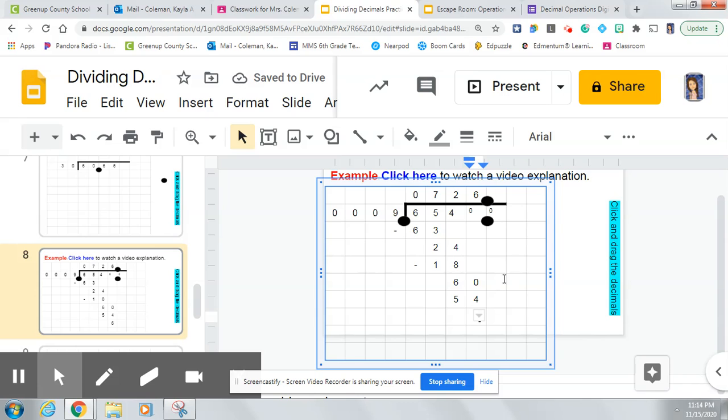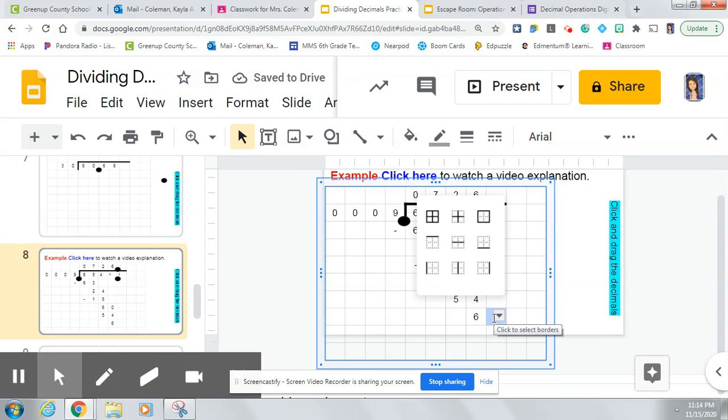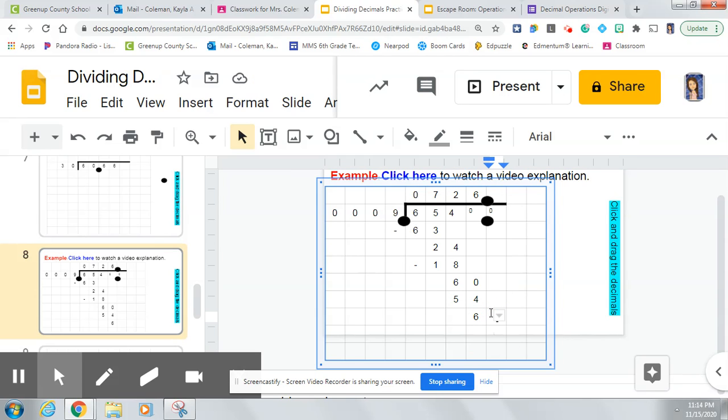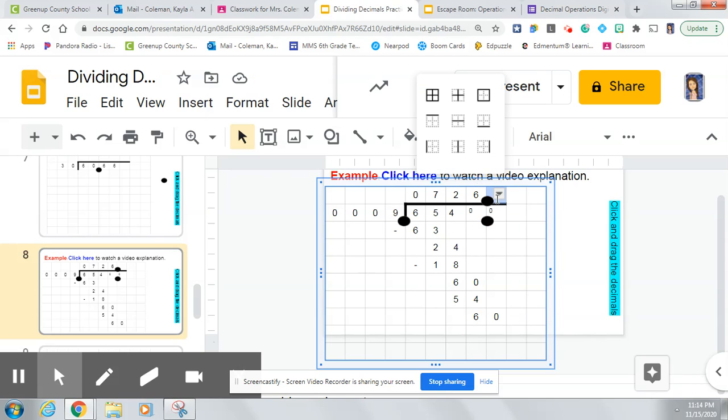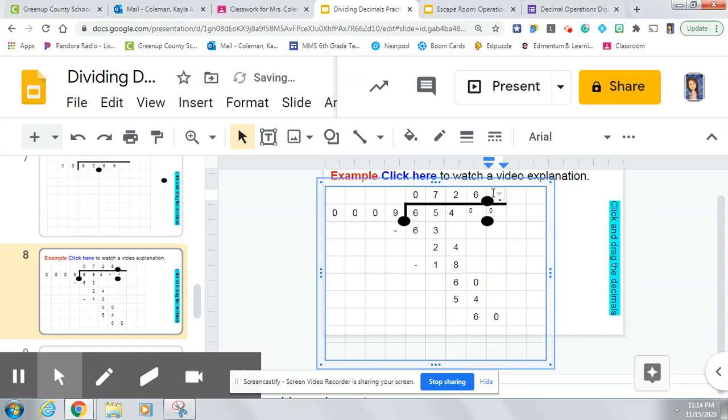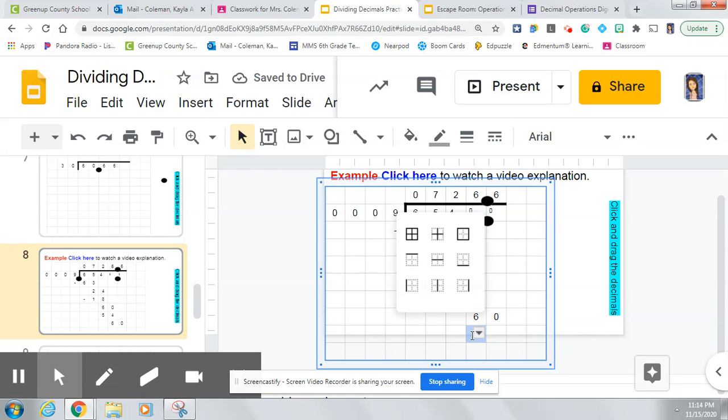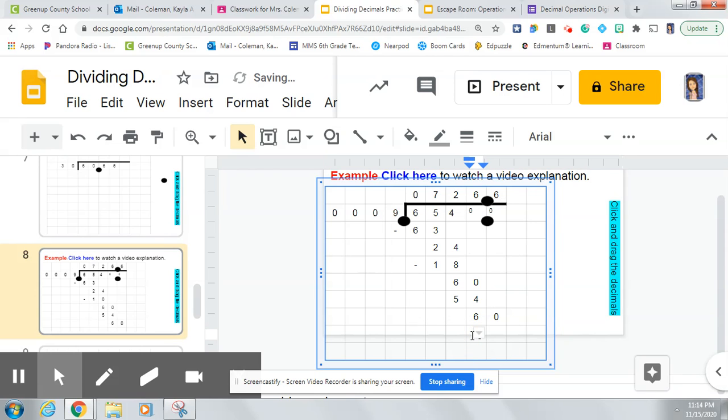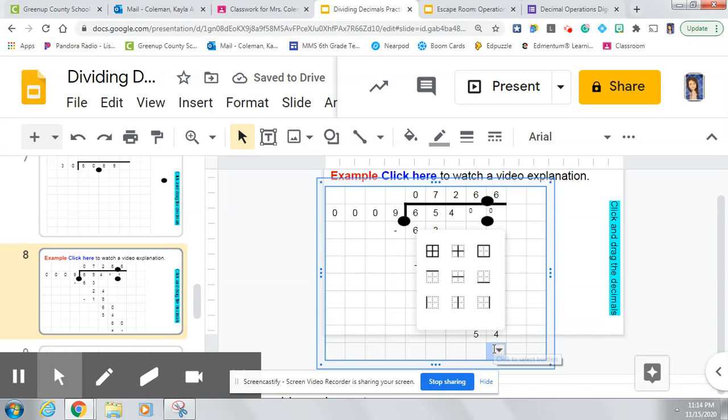We're going to bring down the 0. And we have another 60. 9 goes into 60 6 times. And 6 times 9 is 54. We subtract them and get 6.